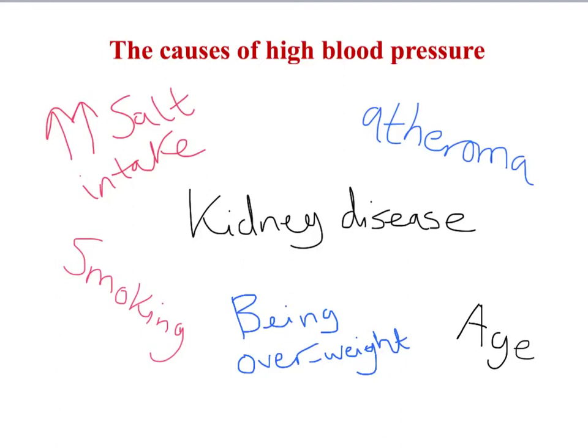Over time, if an atheroma has been narrowing a blood vessel, the body just finds it too hard to push that fluid past essentially a fatty buildup. And if that fatty buildup occludes or blocks the whole vessel, then clearly a heart attack could be the end result. And equally, there is a greater risk of suffering a stroke as a result of high blood pressure.